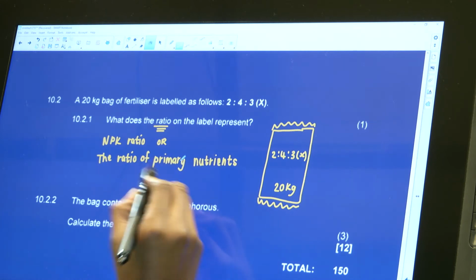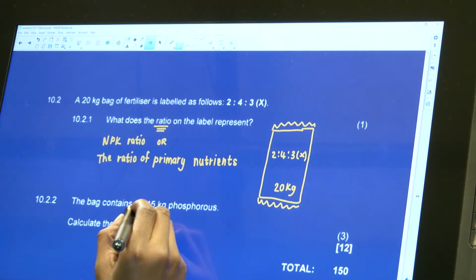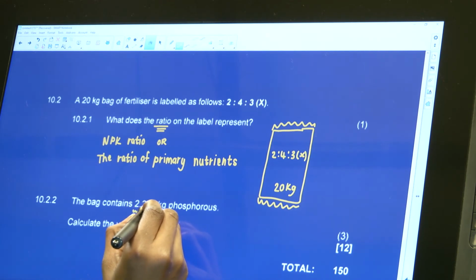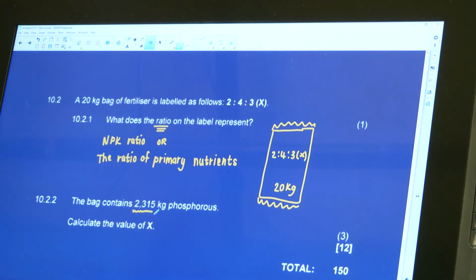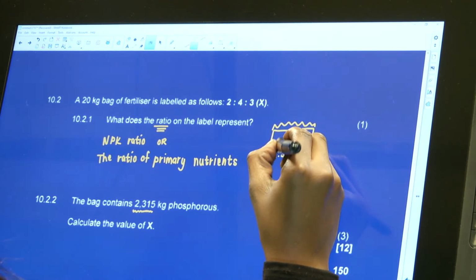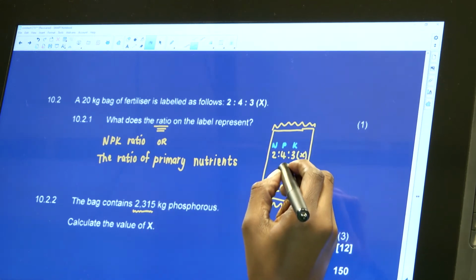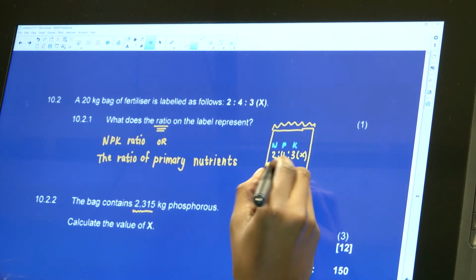Now remember, all plants need some form of nutrients. Now, question 10.2.2 says the bag contains 2.315 kilograms of phosphorus. So what I would do here is write NPK, so of phosphorus. I can see that phosphorus is over here.